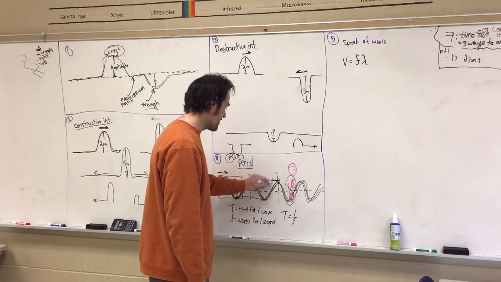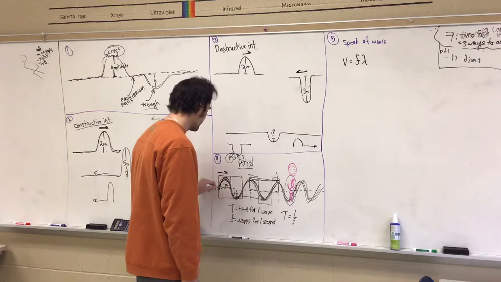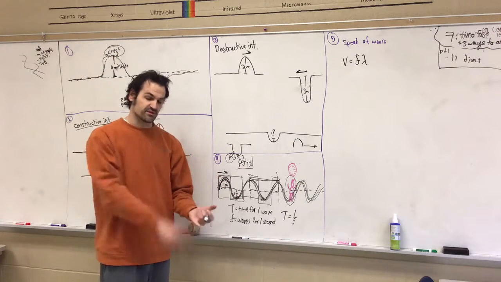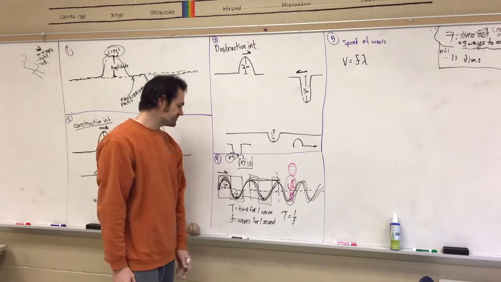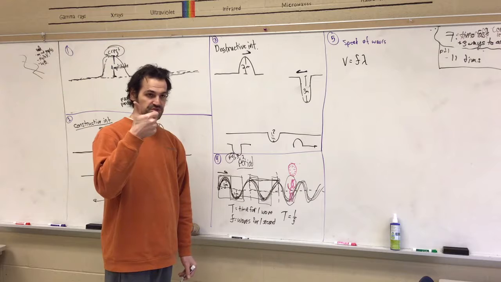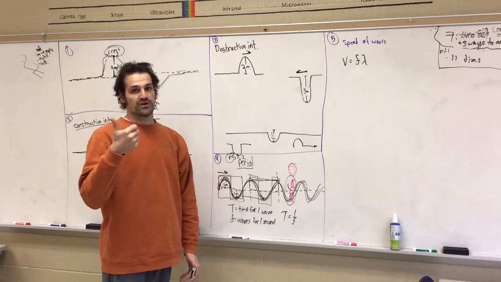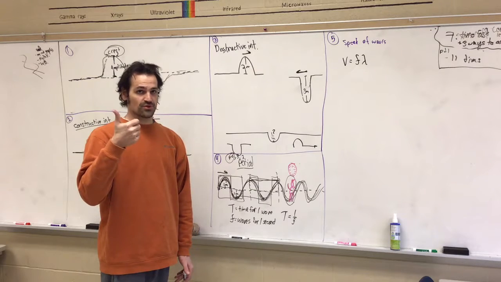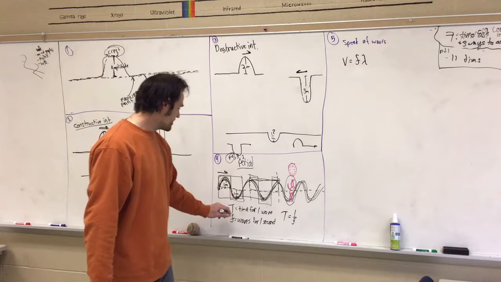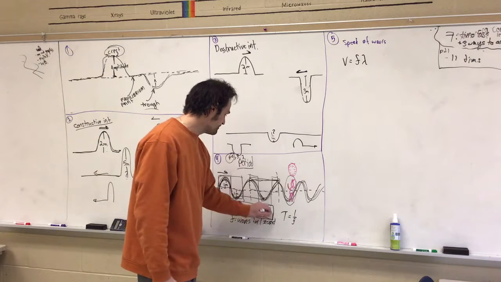Between those two half crests, you have a full crest and a full trough. Either way, you have one full wave consisting of a full crest and full trough. And the period is the amount of time from one wave to the beginning of the next wave, or the crest of one wave to the crest of the next wave, or the trough to the trough. You get the idea. So the period is the amount of time for one wave to occur.